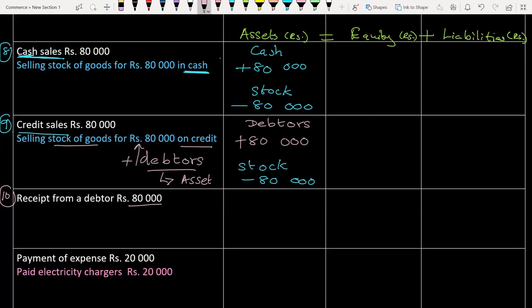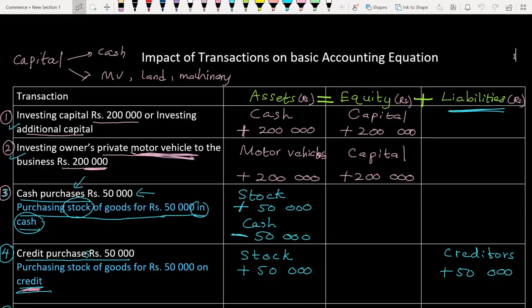Definitely assets of the business will increase by rupees 80,000. And what is this asset? It's cash. And on the other hand, the asset called debtors. Debtors will decrease by 80,000 because they pay to the business and settle their due amounts. So once again, both impacts occur on assets.